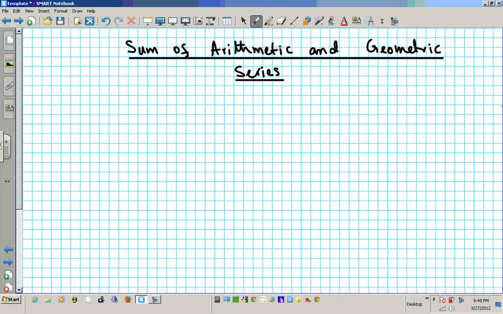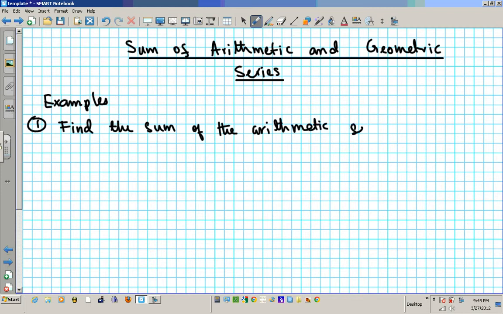Example number one: find the sum of the arithmetic series, sigma from k equals 1 to 18 of 3k plus 4.